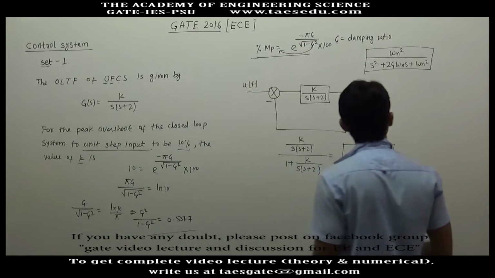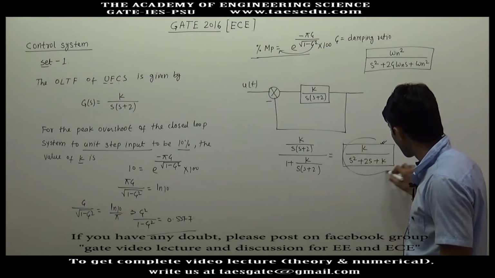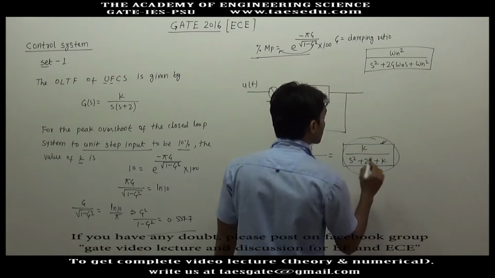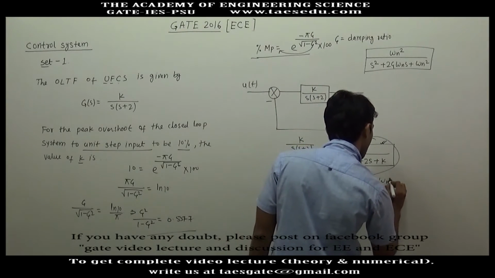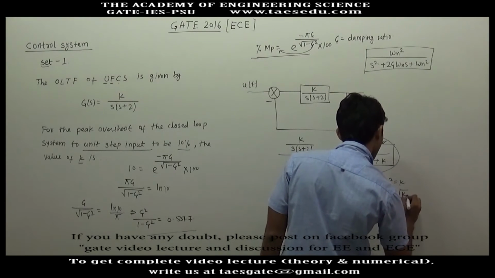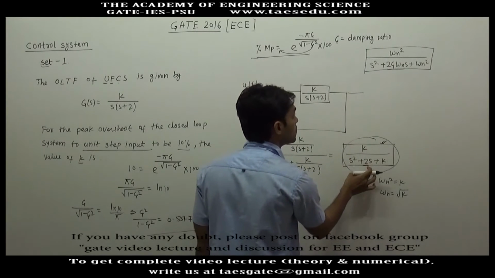And now if we compare for this system, we will try to find out the value of zeta in terms of k. So if you compare, we have omega n square equal to k. So omega n equal to root under k, and here 2 zeta omega n is equal to 2.